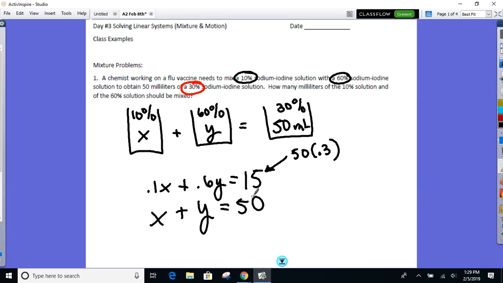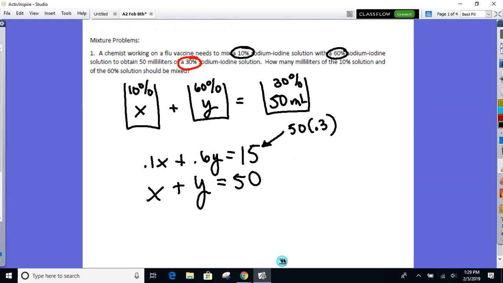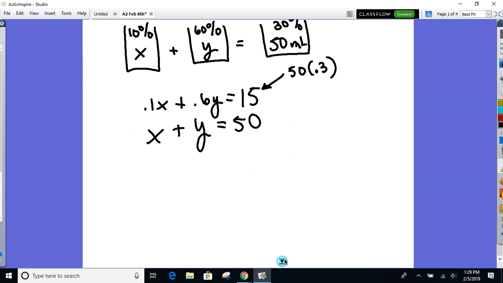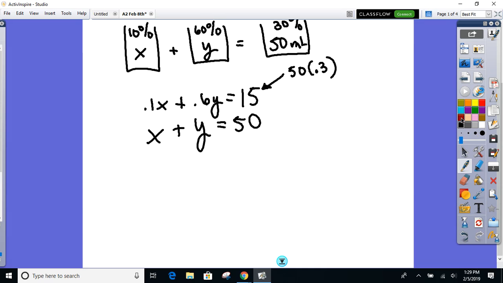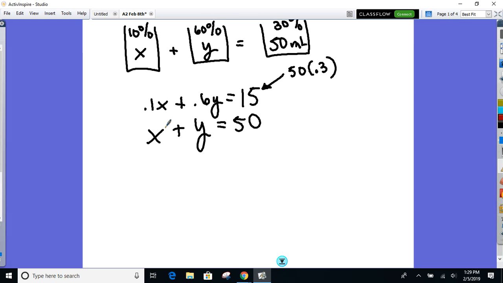We've been solving these since Friday. Can we make a quick class decision? What do you want to multiply? I'm assuming we're going to multiply this one, X plus Y equals 50, by something. Negative 0.1, fine, let's go.